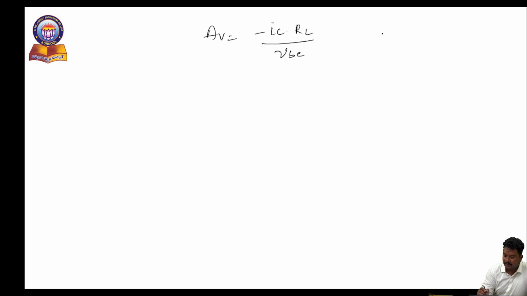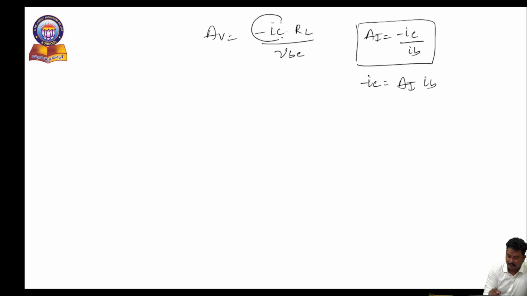As we know, AI is equal to minus IC by IB, so minus IC is equal to AI into IB. In place of minus IC, I can consider AI into IB into RL by VBE.